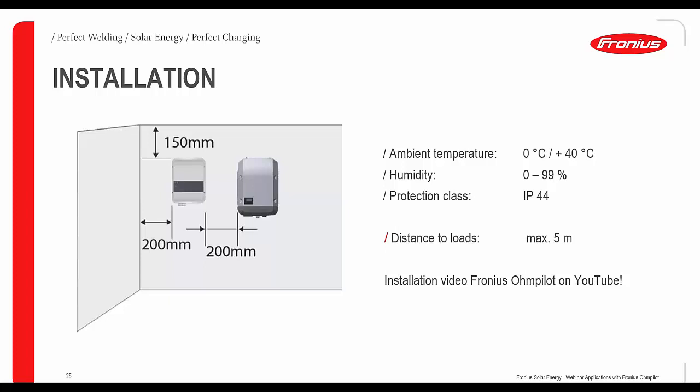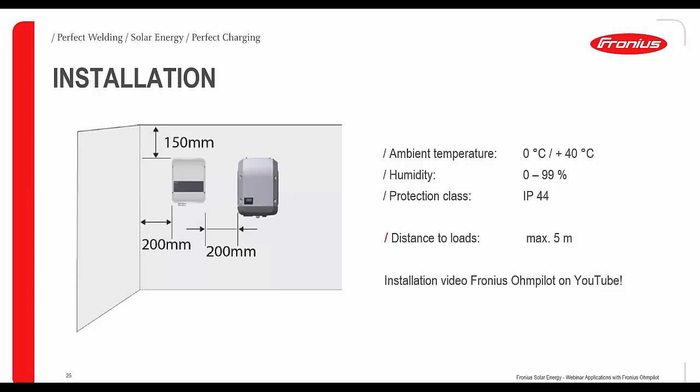Another thing that needs to be considered is the distance to the load itself. From the Ohmpilot to the heating rod or to the infrared heating, it should be not longer than 5 meters. It's because of the EMC regulations that we don't exceed these 5 meters.